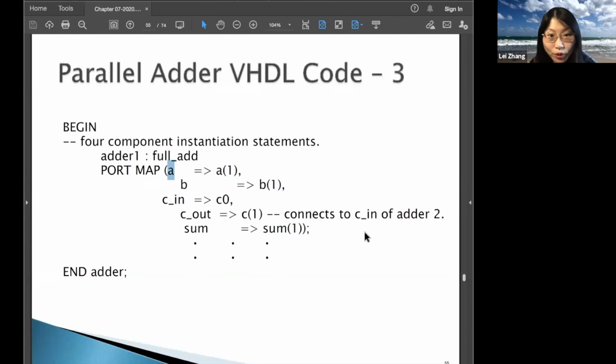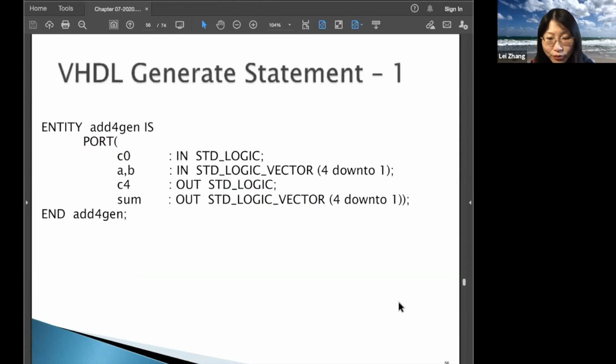This is what you do by assigning this bit here. That is just 1 bit. The dots mean we have another 3-bit components to instantiate here. I will show you the more complete VHDL code in a minute.